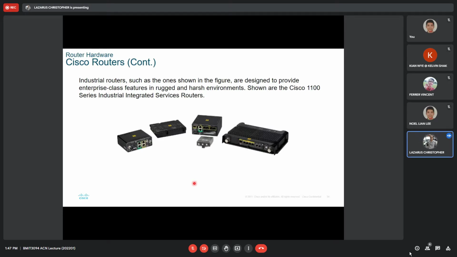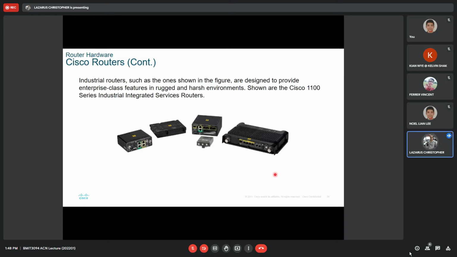Usually factories are very harsh environments, with a lot going on and a lot of hazardous material. So any equipment we place there needs to endure those conditions. So we are shown here the offering from Cisco meant to operate in such industrial environments: the Cisco 1100 series industrial integrated services routers.